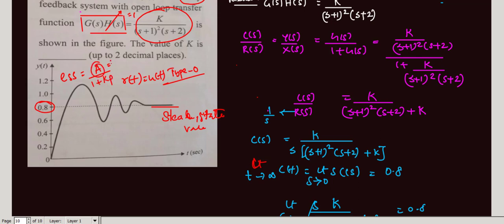A equals 1 here, since the magnitude of the unit step function is not given. Kp is the positional error constant, limit s tends to 0 of G of s.